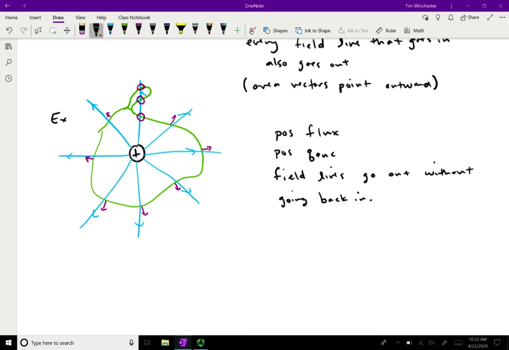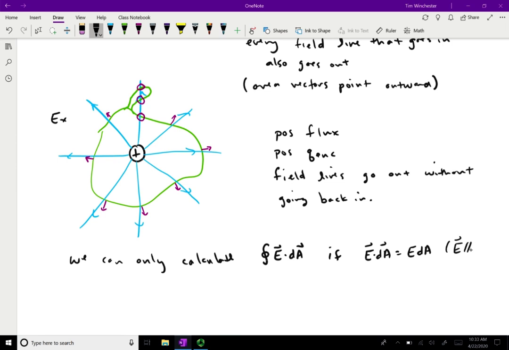Okay, so the only times that we could do calculations for the integral of E dot dA is if E dot dA equals E dA, so if E is parallel to A, or if E dot dA equals 0, which happens if E is perpendicular to A. So in those two cases, we can do calculations.